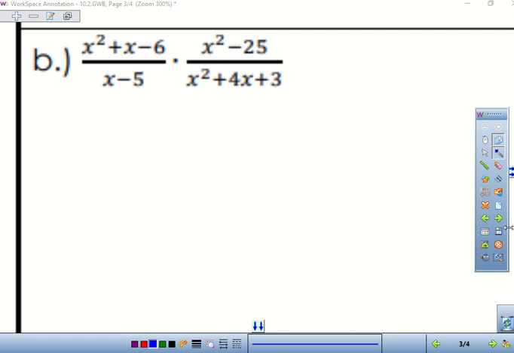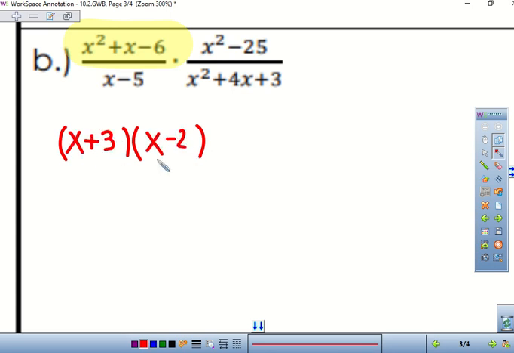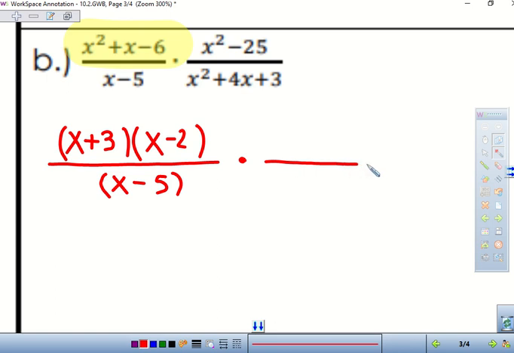Letter B. So letter B is a little different because this is all factorable, right? So I'm going to factor everything. What is that going to factor into on top? Positive 3 and negative 2, all over x minus 5, times, what's this top right here going to factor into?